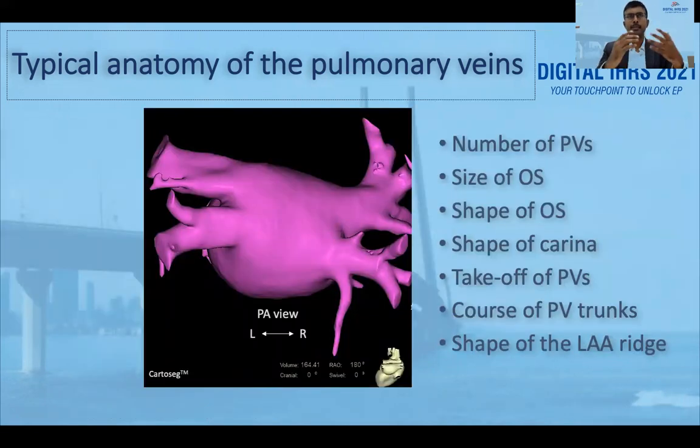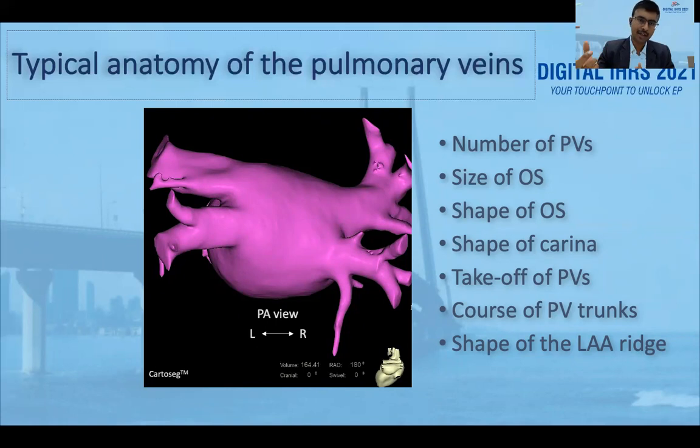When we face a patient with a typical pulmonary vein anatomy, what I would describe as that shown in this figure: a CT scan of a patient with 4 distinct pulmonary vein ostia, good sized, good enough for cryoablation.